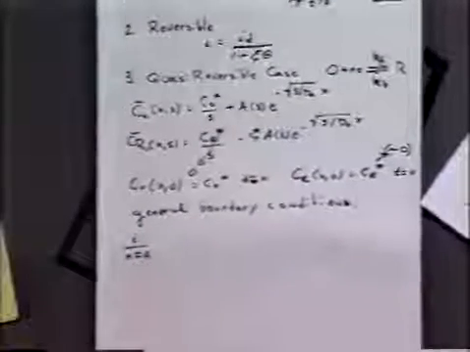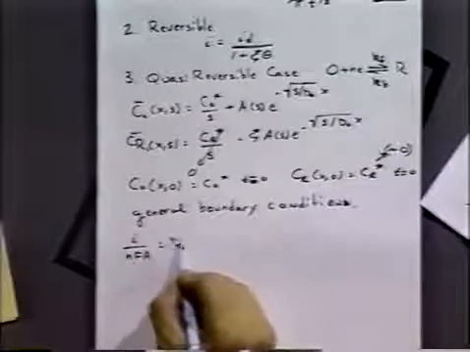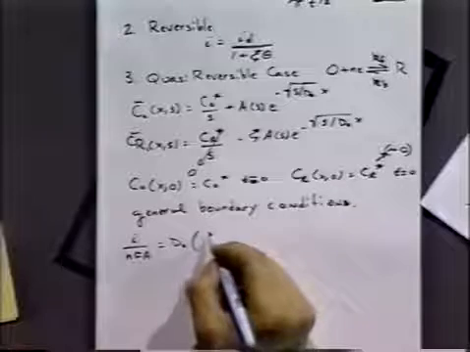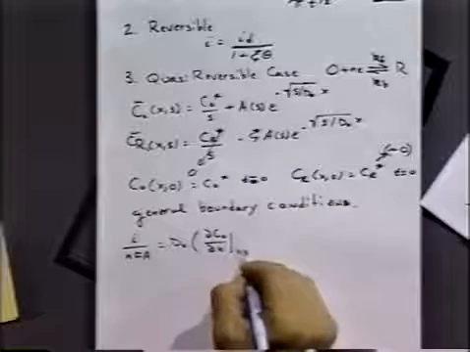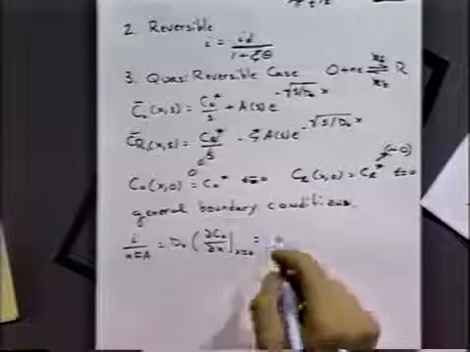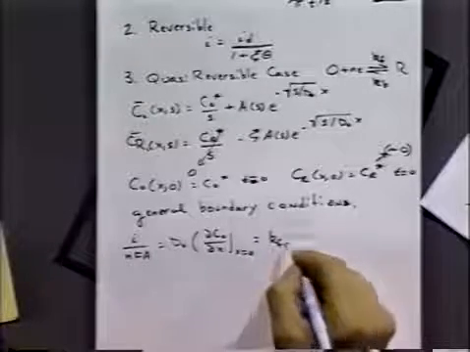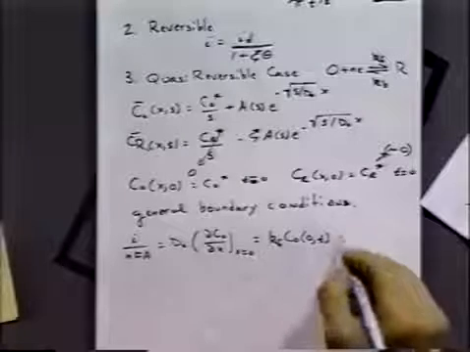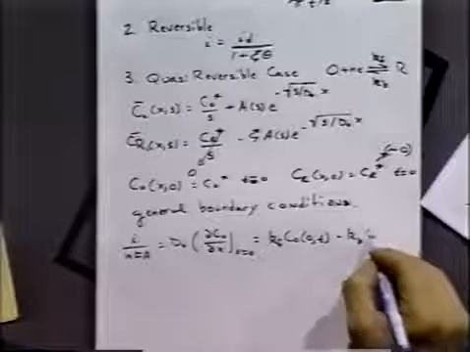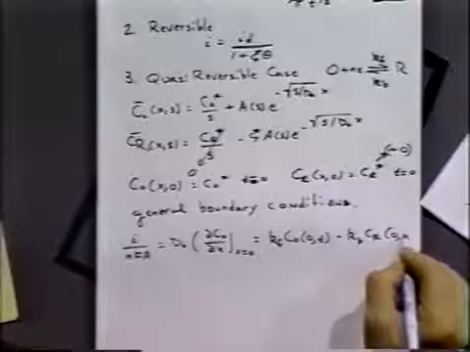It says that the current is equal to the diffusion coefficient times the gradient in concentration at the electrode surface, or the flux, equals Kf C sub O at the electrode surface minus Kb C sub R at the electrode surface.